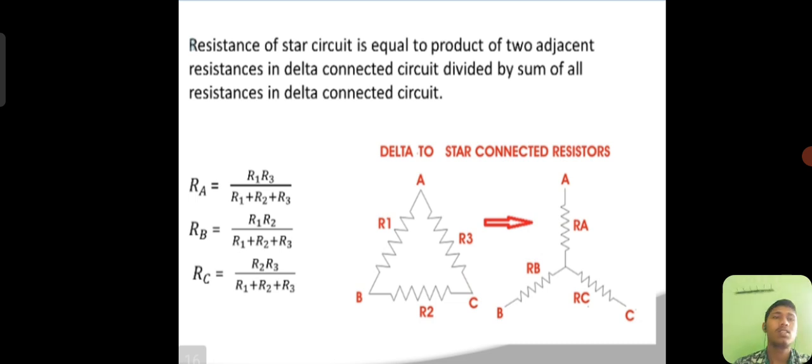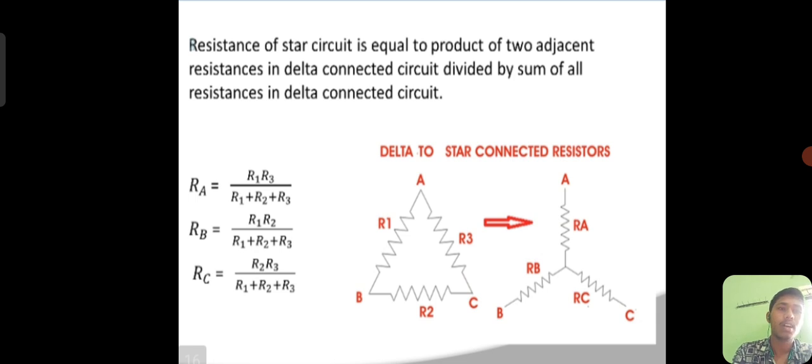First of all, let us see how we can convert delta to star and solve problems. According to the equations, R1, R2, R3 are the delta connections, and RA, RB, RC are the star connections. We have to find RA, which is the product of adjacent sides divided by the sum of all sides. So RA equals R1 R3 by R1 plus R2 plus R3.